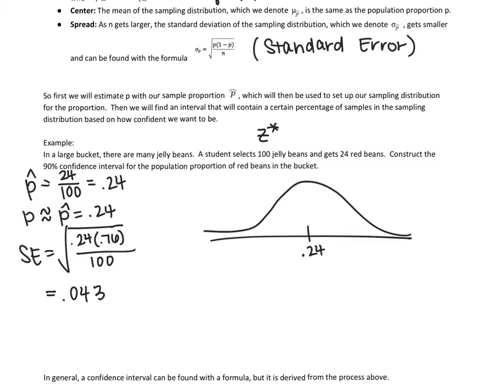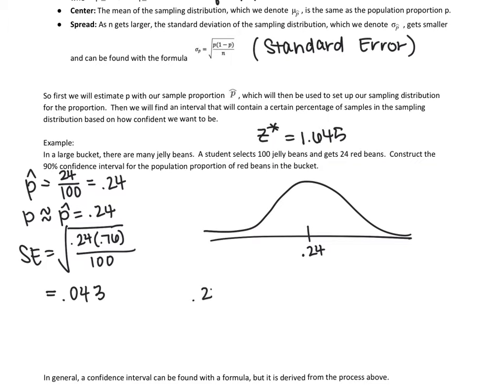So we want to be 90% confident. So we go to 90% on the bottom and we look for the value, which is going to be 1.645.